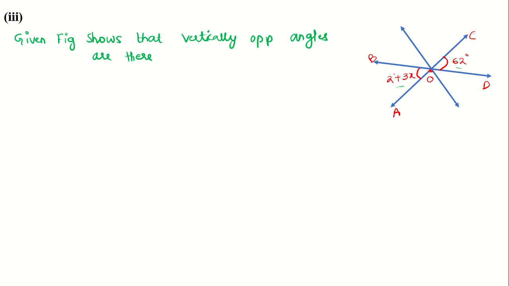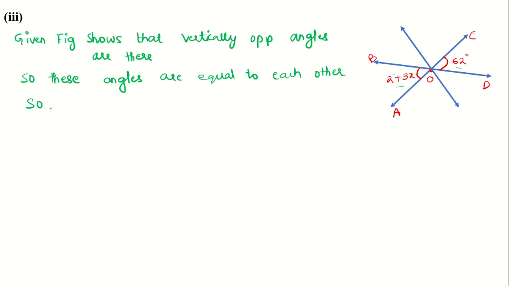We have three intersecting lines. In these three intersecting lines, these two angles are vertically opposite to each other. So, these vertically opposite angles are equal to each other. Right?